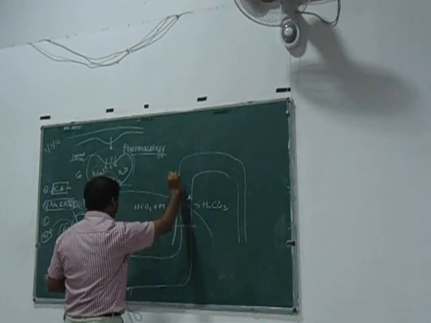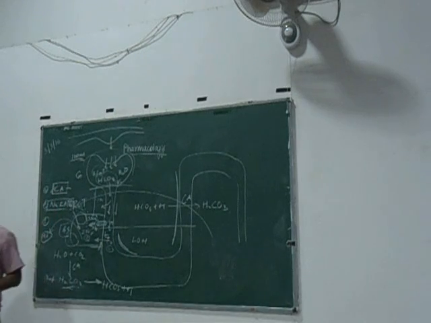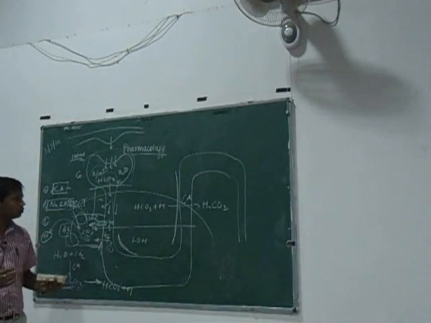The white line I am drawing here, you need to understand this region is completely impermeable to water unless it is under the influence of ADH. ADH is anti-diuretic hormone. That is one concept that helps in maintaining the concentration. We will come back to how it is maintained.